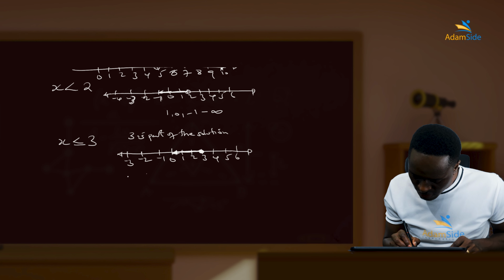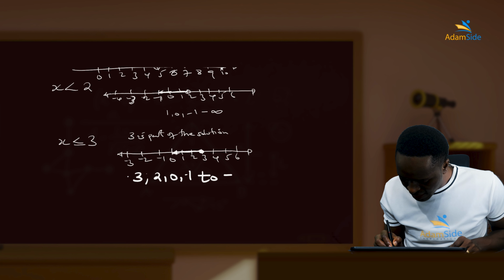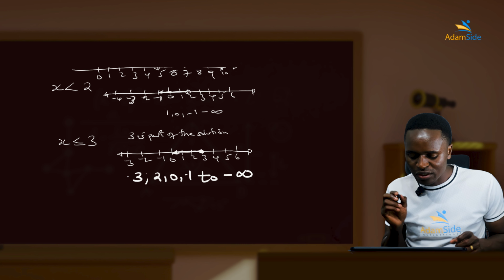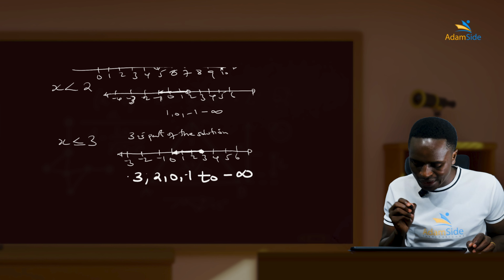So it means it can be 3, 2, 0, negative 1, negative 2 to negative infinity. So 3 is part of our solution. That's how you represent it, with a full bolded circle.